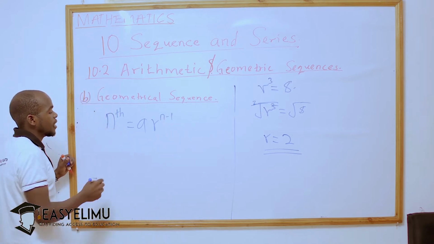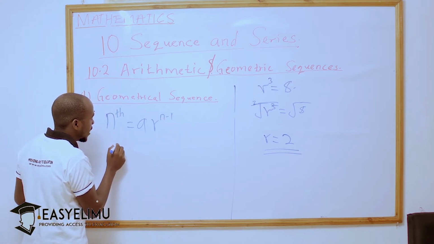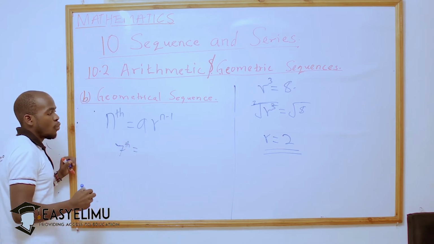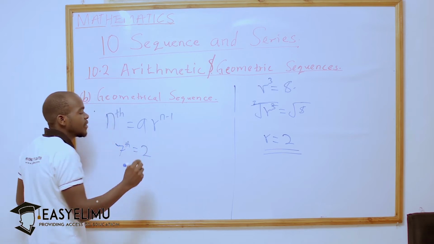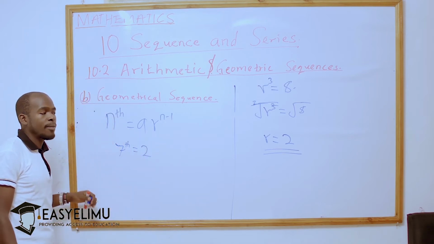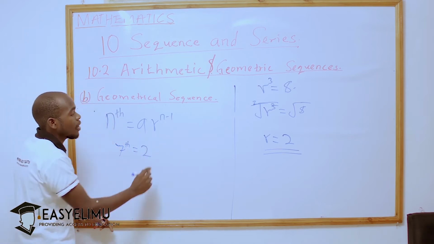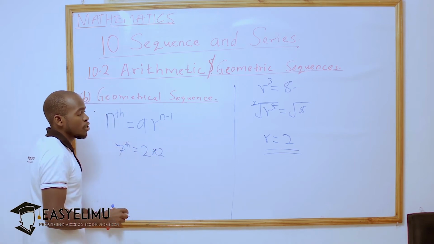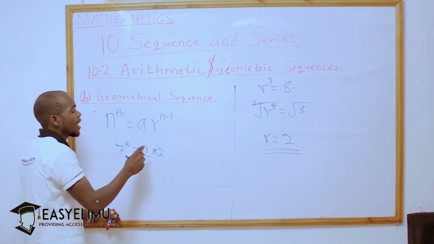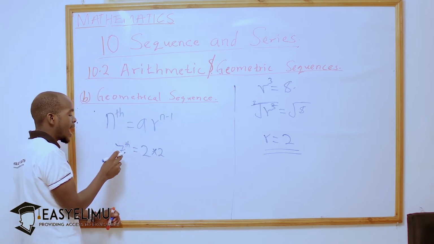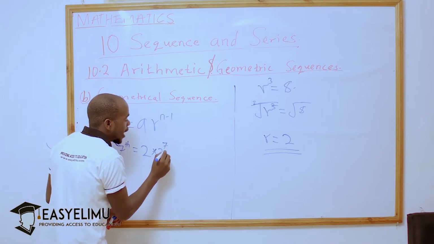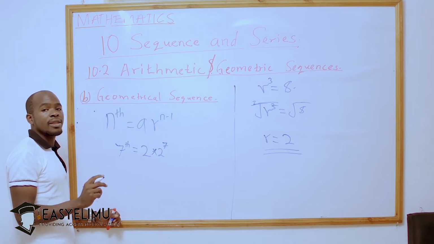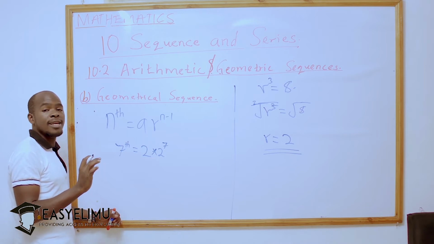For the seventh term, a is equal to 2, which is our first term, and r we have calculated as 2, so we multiply by 2 raised to n, whereby n is equal to 7.